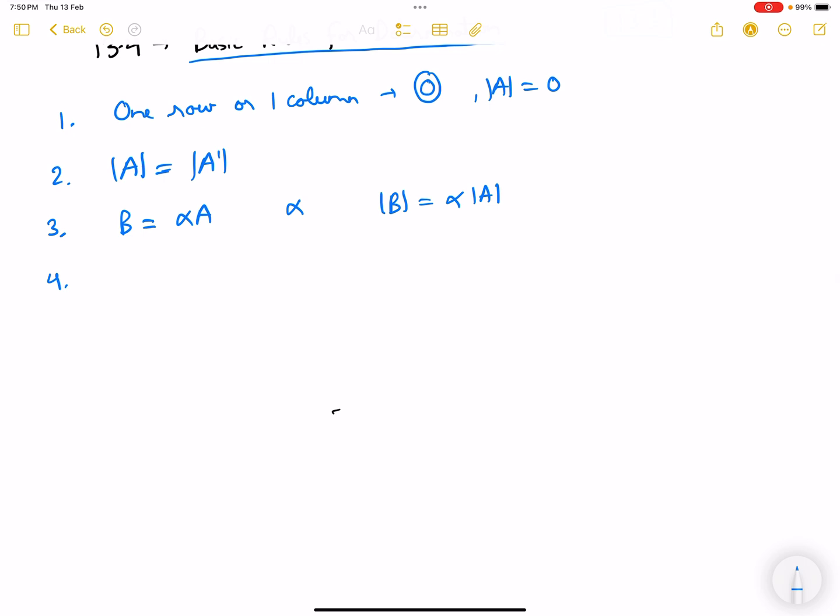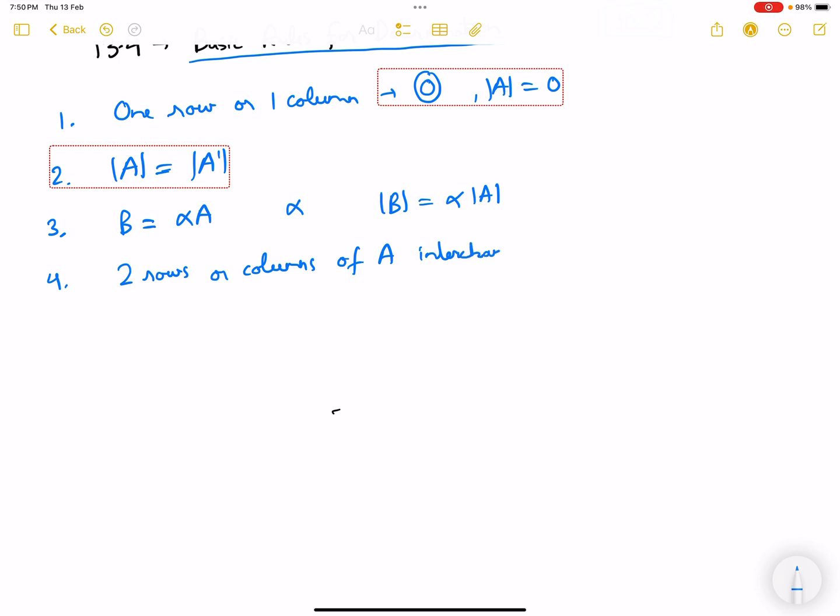And if two rows or columns of matrix A are interchanged, then the sign of the determinant changes. So the absolute value would remain the same, but the sign would change.